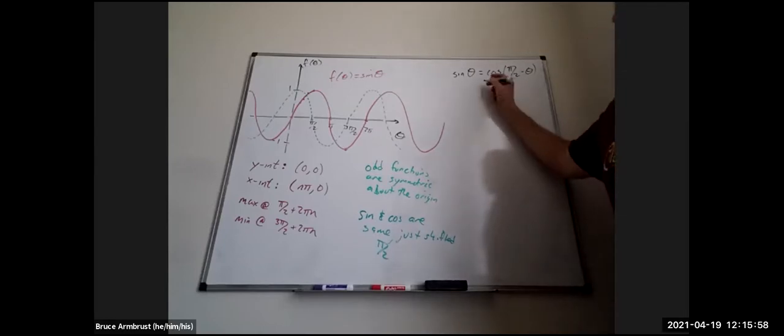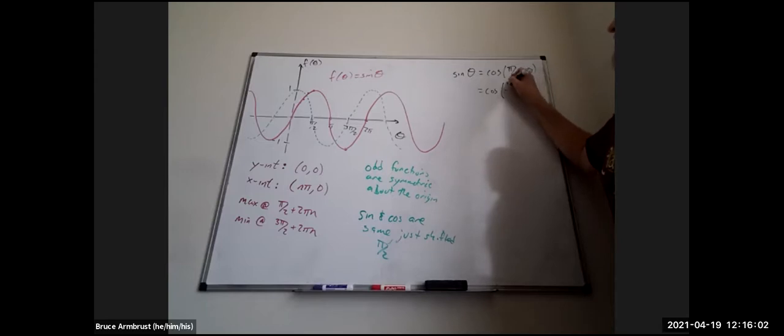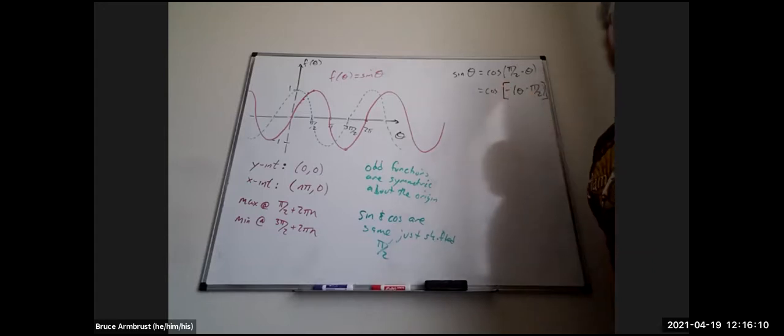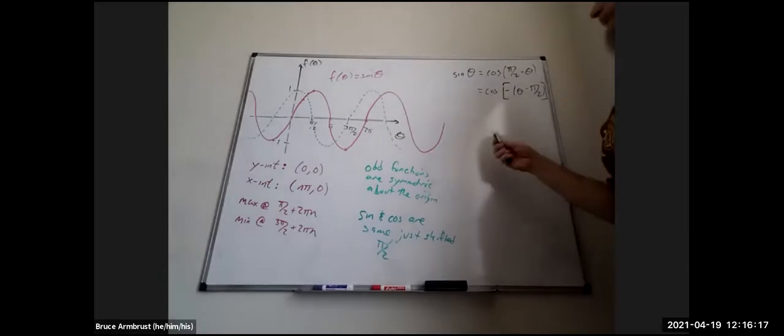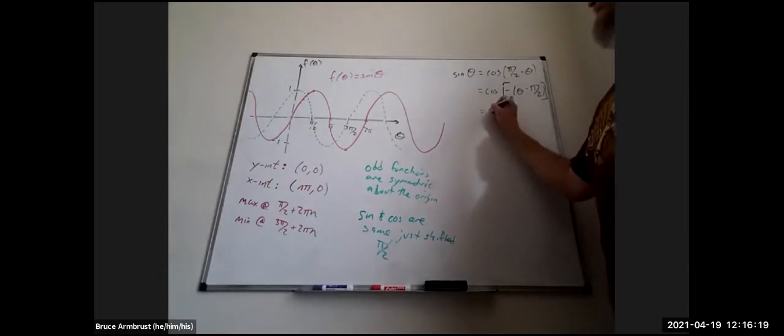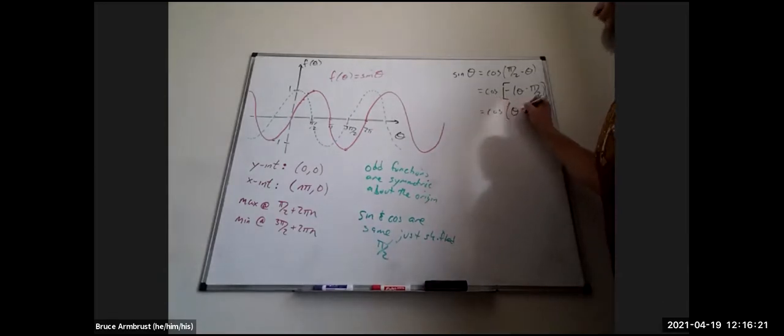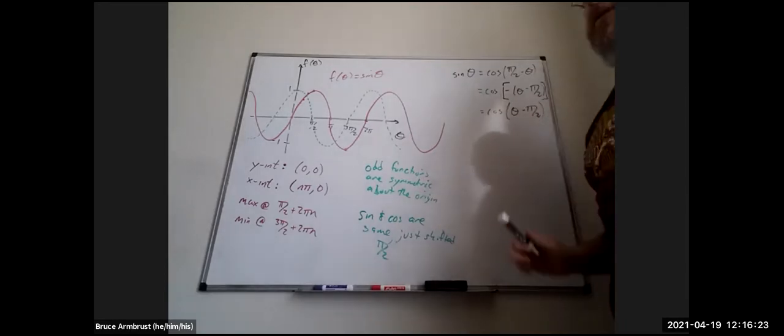Well, let me just do some work on this real quick. I'm going to factor out a minus sign. You'll see why in a second. So I'm going to factor out that negative sign. Now, since cosine is even, that minus sign doesn't matter. Right?